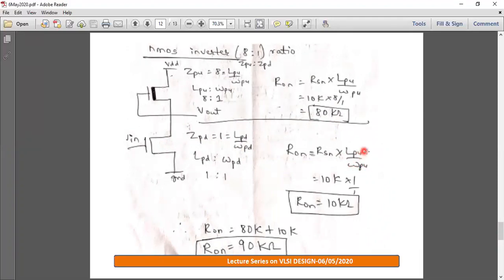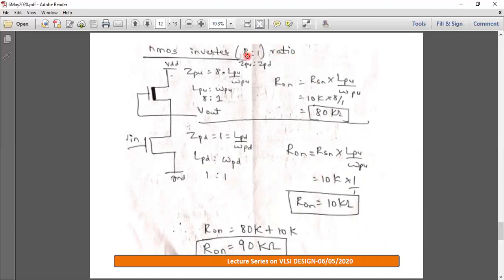Since the pull-down device is an NMOS enhancement device, sheet resistance of NMOS is 10K and L by W of pull-down is 1 by 1. Therefore, resistance is 10K and the total resistance offered by the NMOS inverter is 90 kilo ohms.